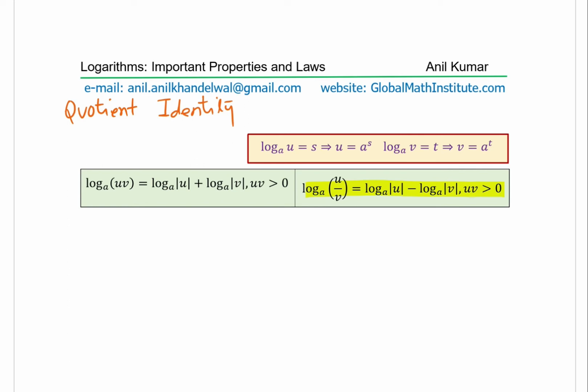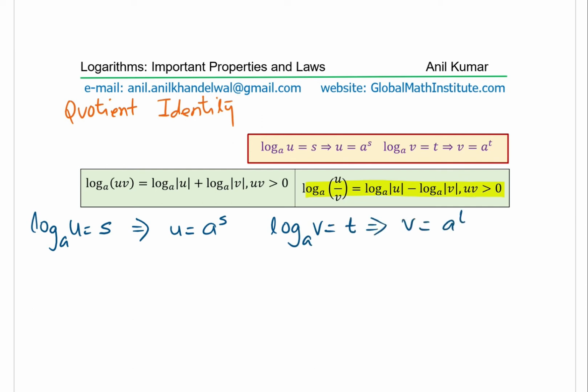Correct? So once again, we'll begin with the substitution, which is we are saying that log to the base a of u is equal to s, and that really means that u is equal to a to the power of s. And we'll also substitute log to the base a of v as t, and that means that v is equal to a to the power of t.